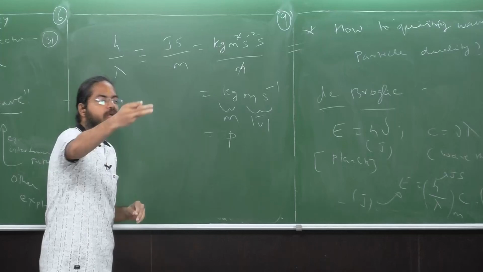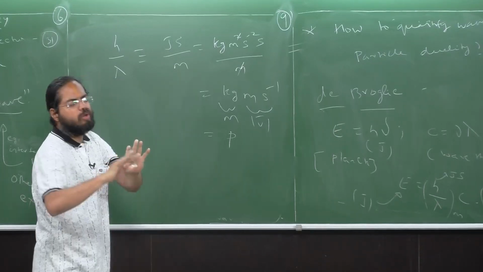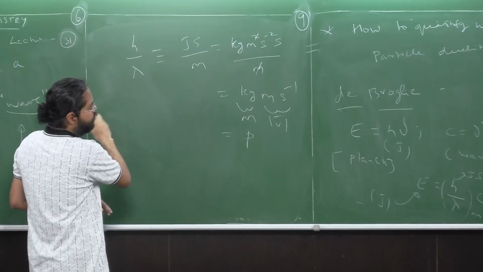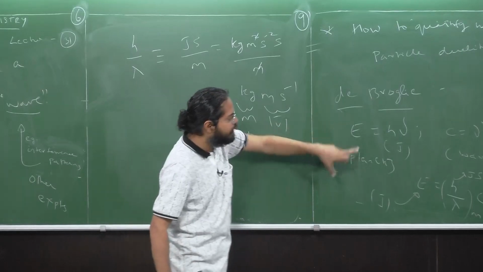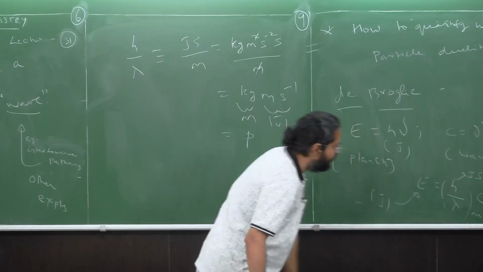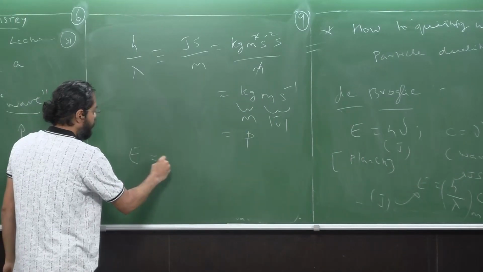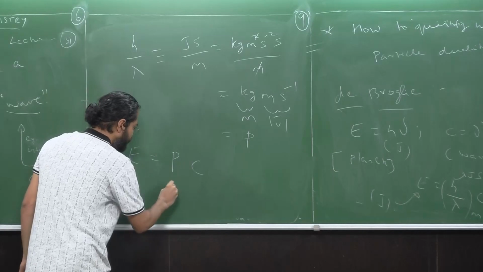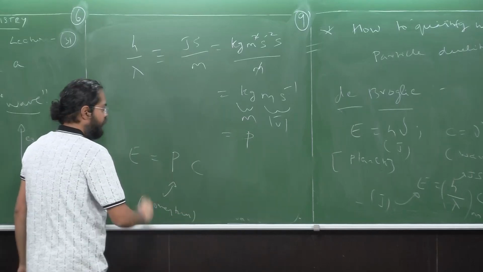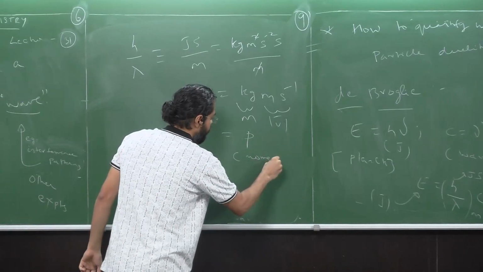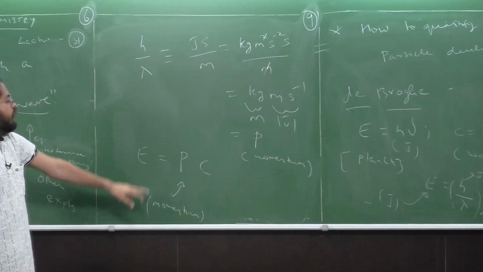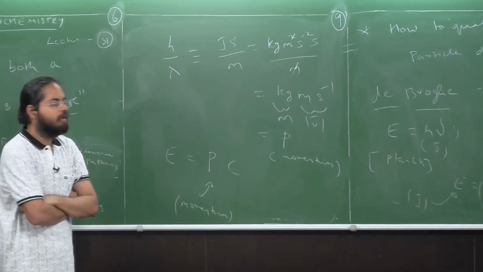It also turns out, and I'm not going to give you the details, that this expression E equals hc by lambda, E equals h by lambda times c, can also therefore be written as E equals pc, where p is some momentum. So your E equals pc. Now, what momentum are we talking about? This is for light.